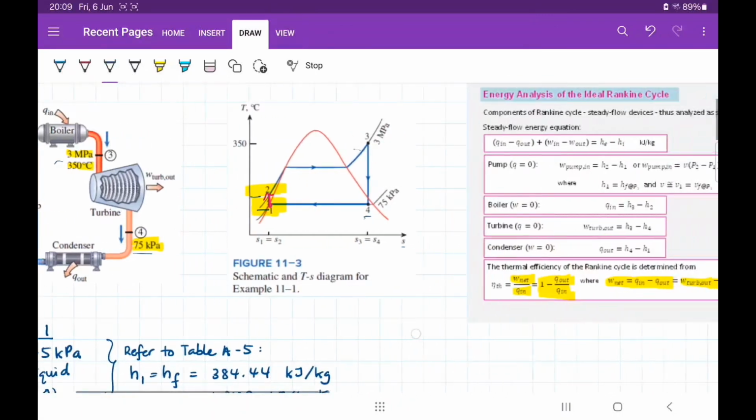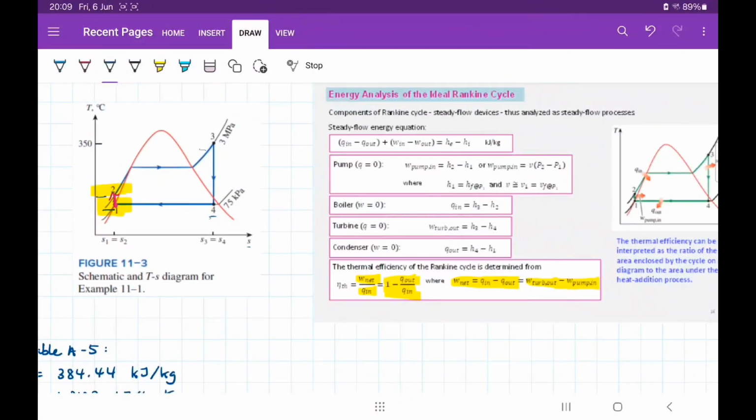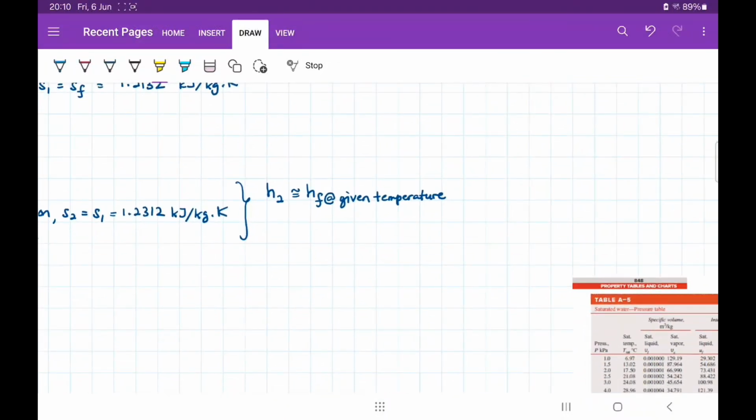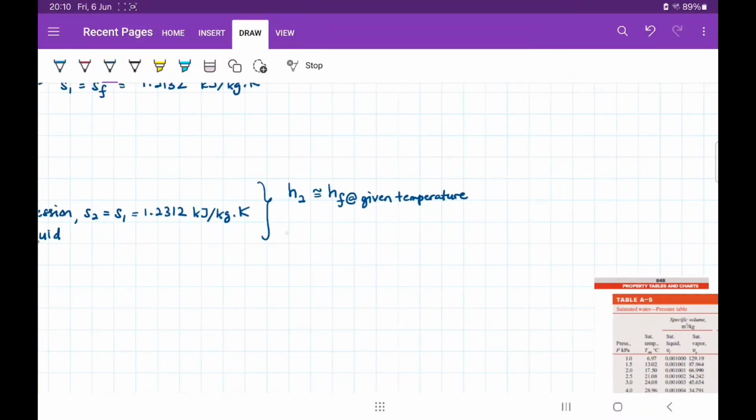But then we know that H2 minus H1, we have that information from the work needed by the pump, which is equivalent to specific volume multiplied by the difference in pressure, and that specific volume is V1, which is equal to the specific volume at the given pressure. So now we refer to that formula.